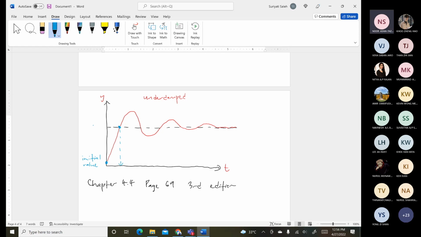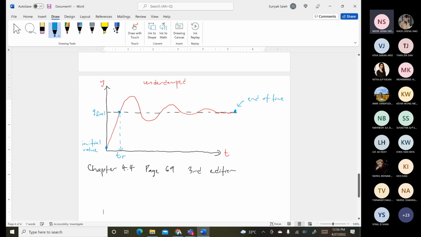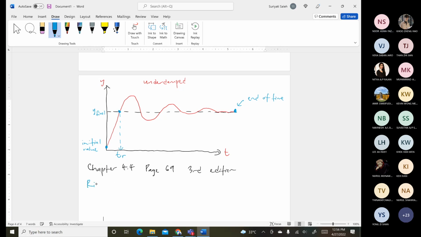The final value is this one, the Y final, at the end of time. But since the process is oscillating, that is the first time it reaches the final value, although it cannot be sustained and keeps increasing. This point represents TR, the rise time.